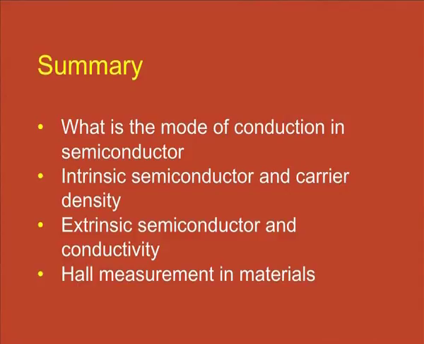As we discussed, semiconductors are of two types, intrinsic semiconductors and extrinsic semiconductors. Intrinsic semiconductors have some typical features, and when we dope them highly with a pentavalent or trivalent material, we eventually get extrinsic semiconductors of N type or P type.